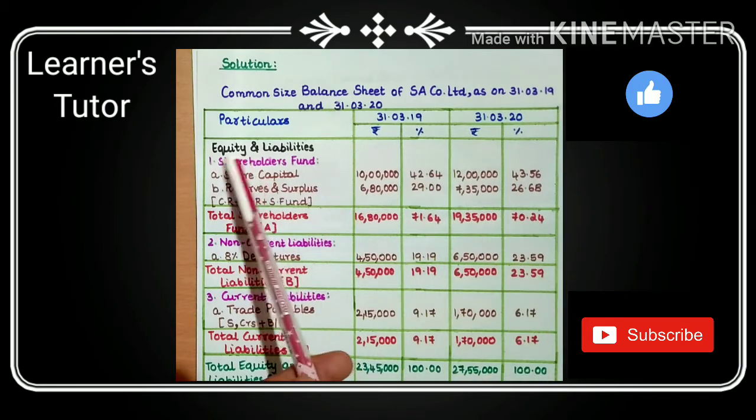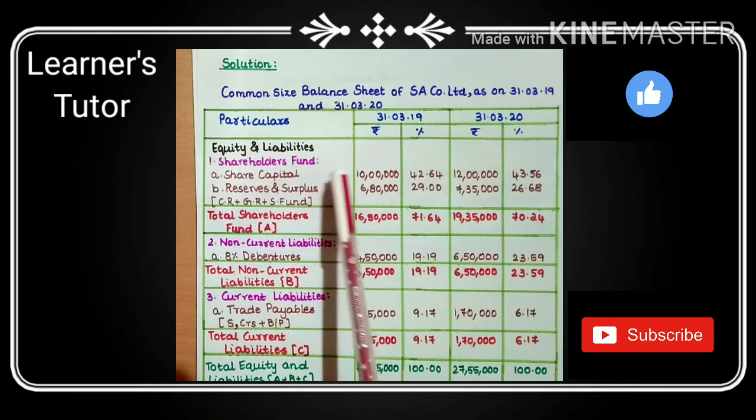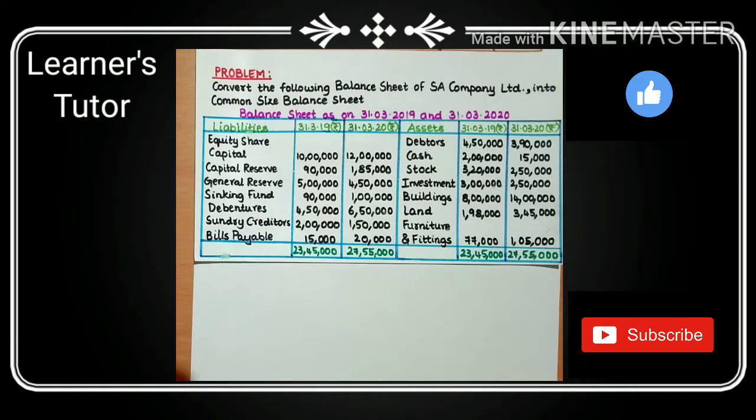Under that we have equity and liability. See, in common size balance sheet we consider 23,45,000 and 27,55,000 as our base for dividing. But in common size income statement we took base as revenue from operations.